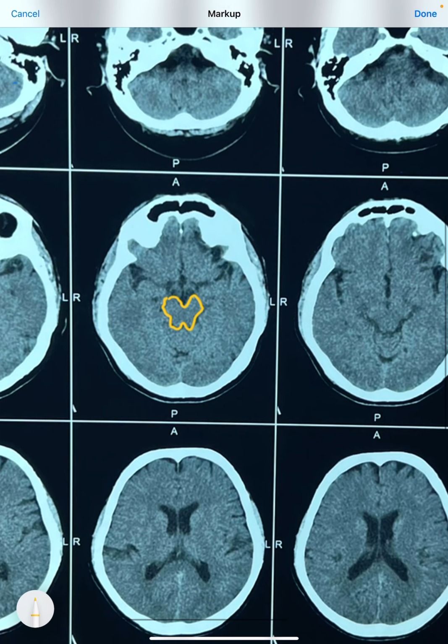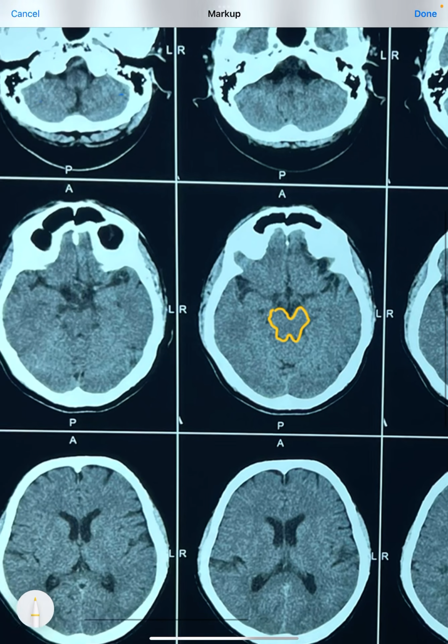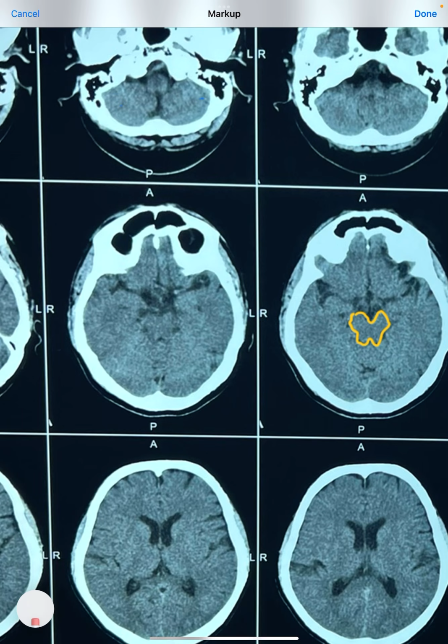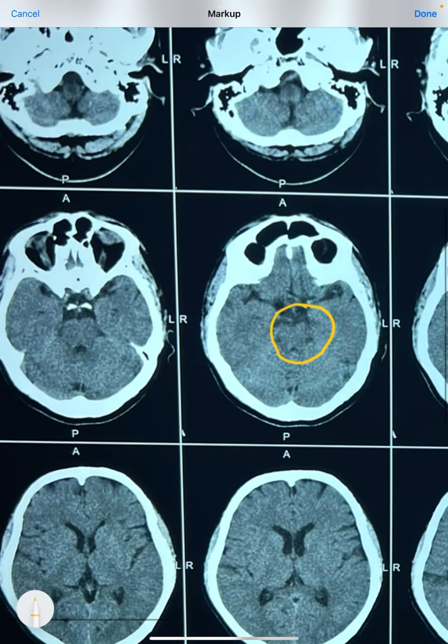So this is more of a butterfly shaped structure. So this is midbrain, this is midbrain, this is midbrain, this is also a part of midbrain only, and which continues as pons. Now this is more of a completely circular structure.